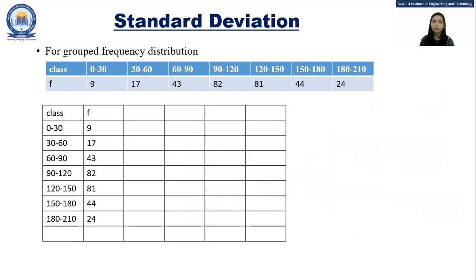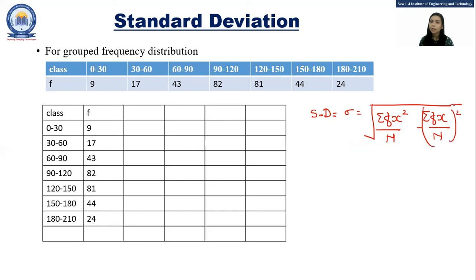Now the next is for the group frequency distribution. For group frequency distribution, we can calculate sigma, that is the standard deviation, which is equal to the square root of sigma fx square divided by n minus sigma fx divided by n whole square. This is the same formula that we discussed in the previous topic, simple frequency distribution. Over here we can find the value of x by taking the midpoint.